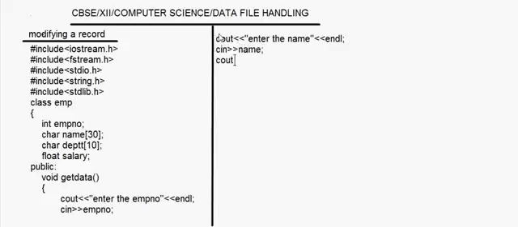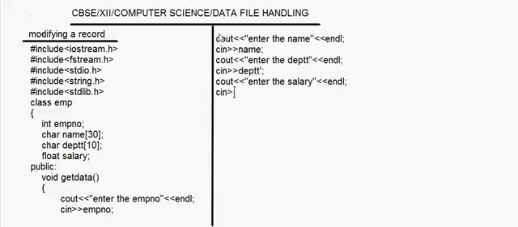So same way you put down all the details. Enter the department and in department. Finally the salary. So cout enter the salary in salary here. So that's all we do in the get data function.